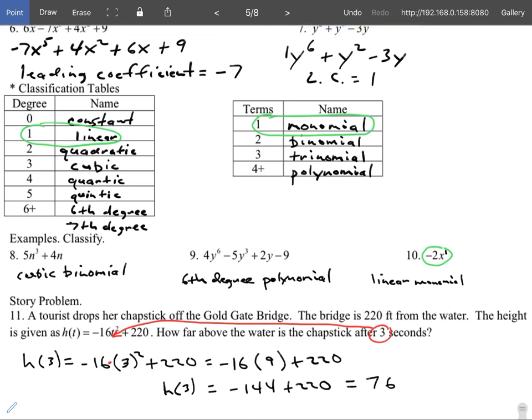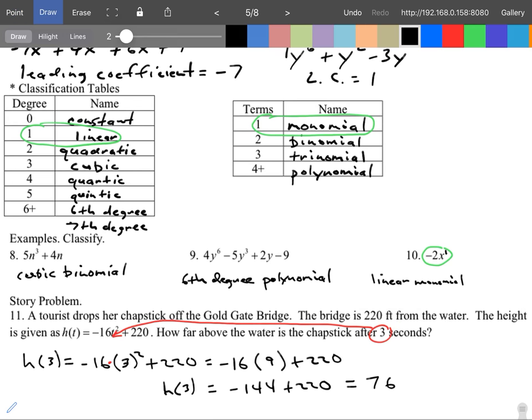The initial height of the bridge was given in feet, so this answer is going to be 76 feet. Again, ignoring wind resistance, if you drop a penny or a bowling ball, it doesn't matter, off the Golden Gate Bridge, after 3 seconds it's going to be 76 feet above the water.